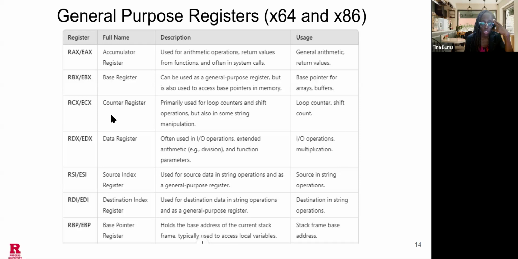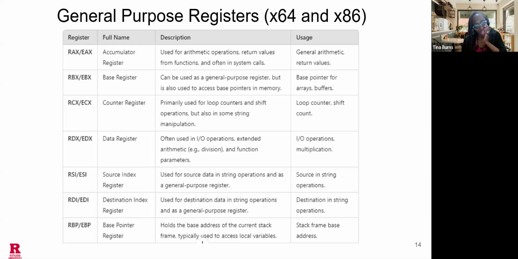Your counter registers will help you if you want to do actions and operations with loops. And then our data registers. So the AX, BX, DX are the ones we will see in almost every program, because these are data registers, and DX, of course, is a data register dealing with operations and arithmetic. So we're pretty familiar with those.